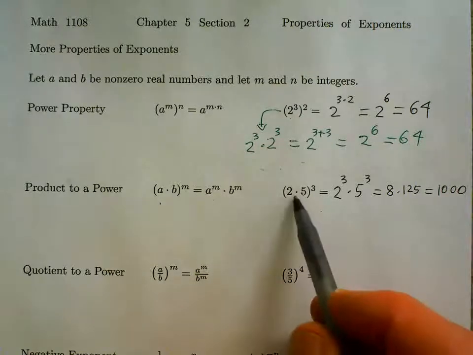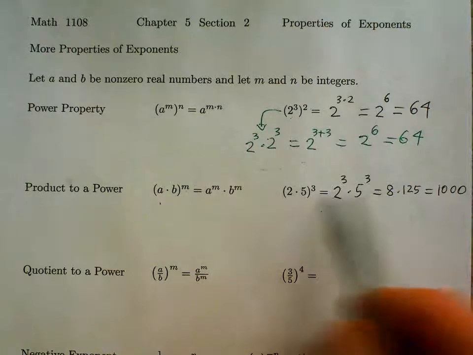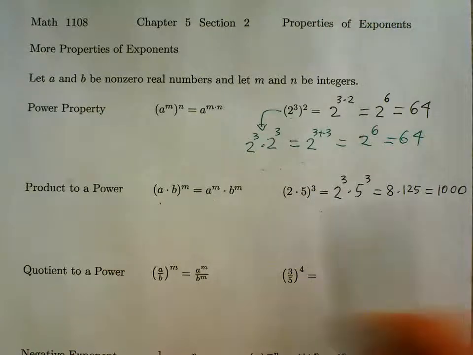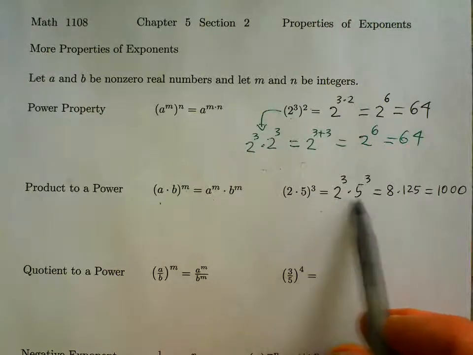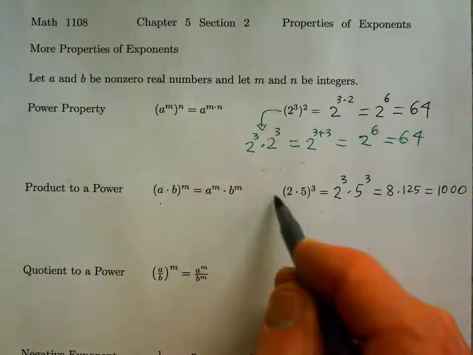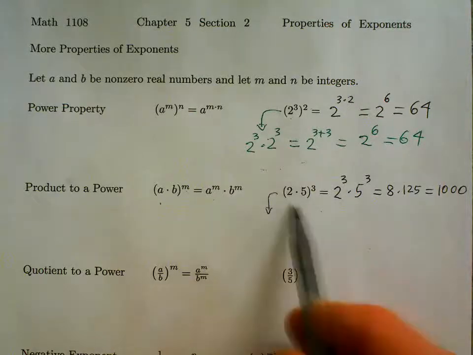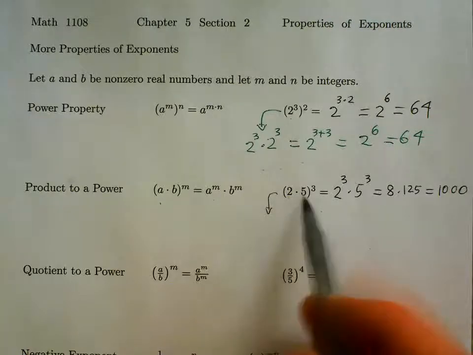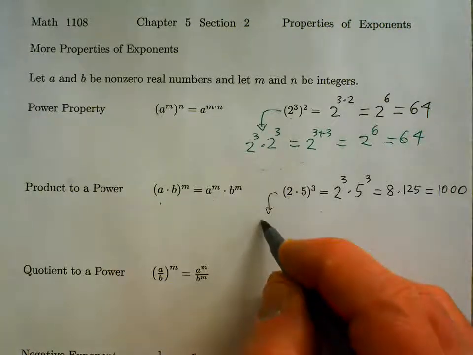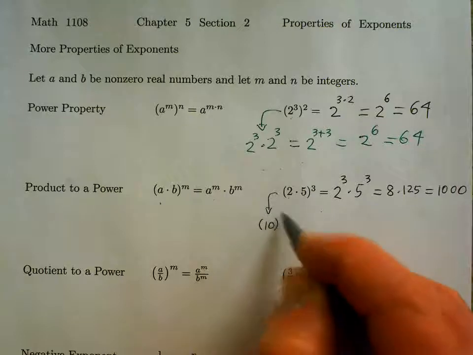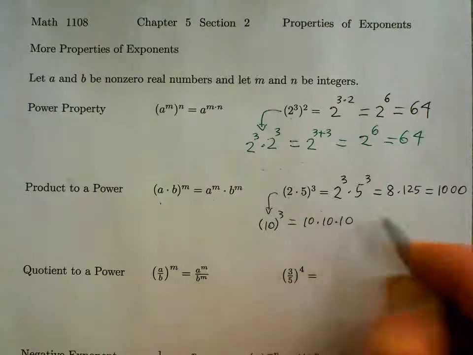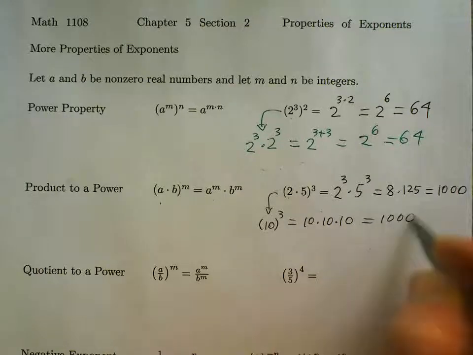Well, maybe not the most efficient, but this is just illustrating this property. Another way, well, we can easily evaluate 2 times 5. So this just becomes 10 to the third, which is 10 times 10 times 10, which is 1,000.